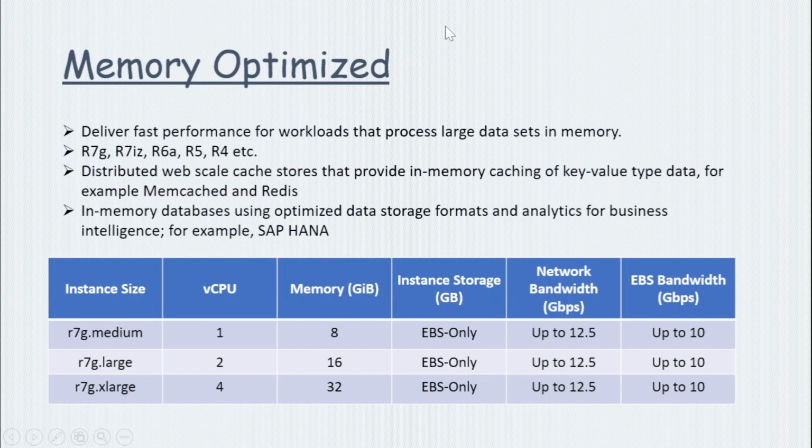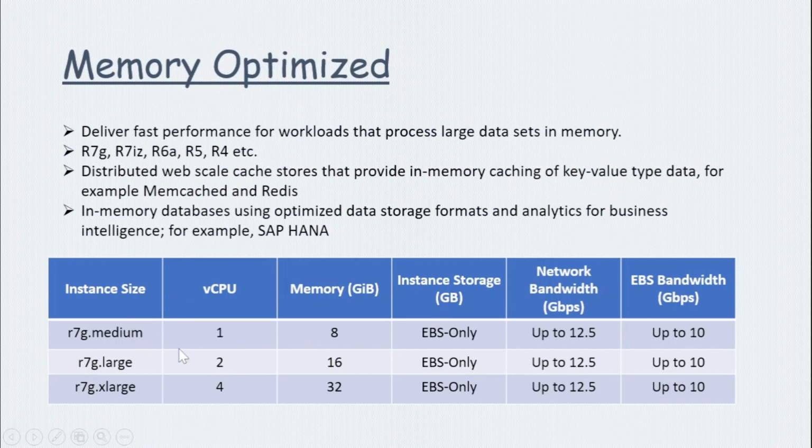The next category is memory optimized. These are the instance types which deliver fast performance for workloads and are mainly suited for applications that process large data sets in memory. They are also good for distributed web scale cache stores or in-memory caching, I would say. If you see the table here, you can see the amount of memory is higher.